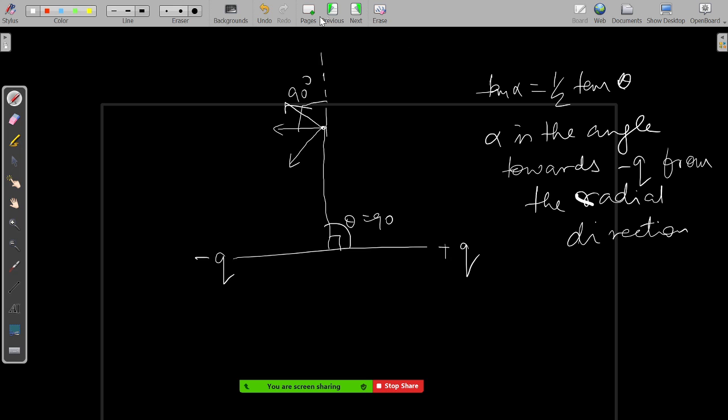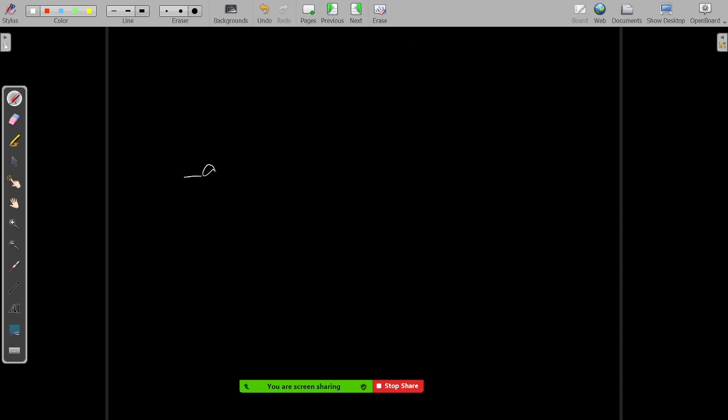In the general thing we had seen minus q, plus q. So this is your radial direction and this is your tangential direction, and somewhere in between, the total electric field was the resultant. So this was your alpha.